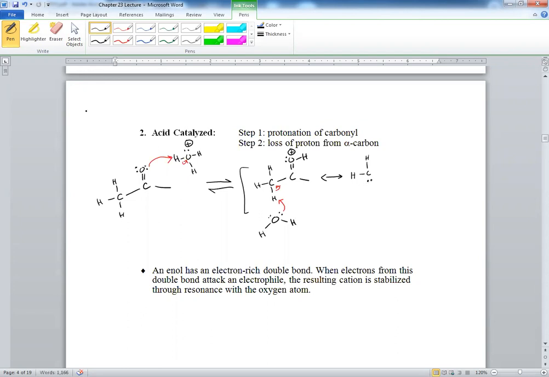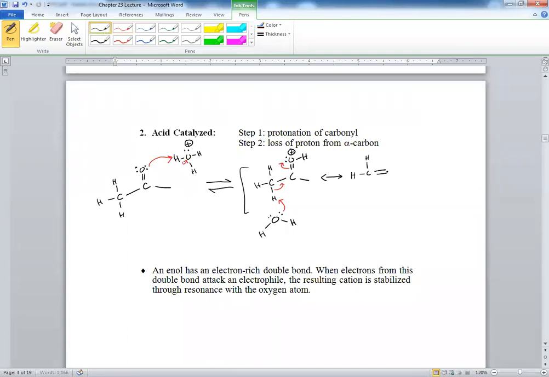So actually, we're just going to do it in one step. Actually, the direction is this way because it's acidic. It's all going to go like this.